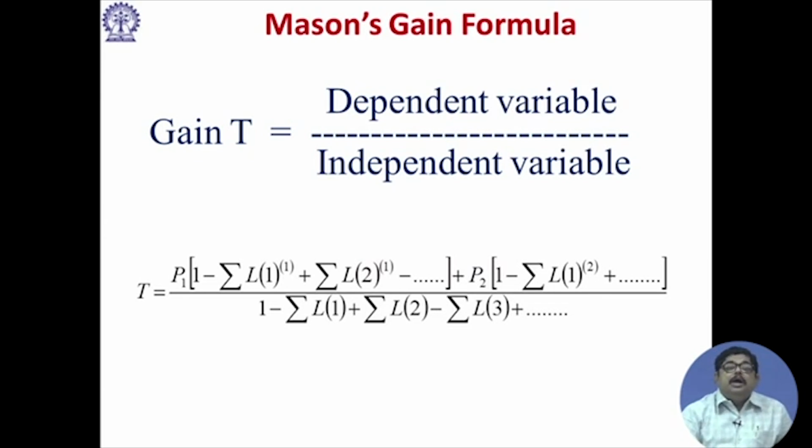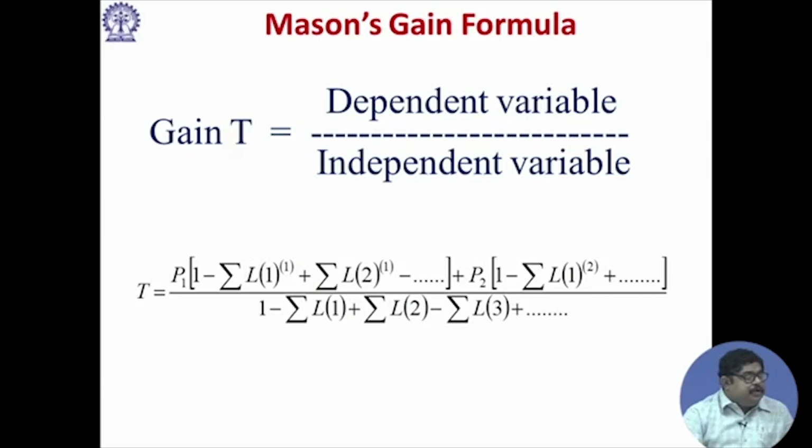I think many of you have used this formula in control theory. In electrical control, this is used. For many types of block diagrams, when we try to find the transfer function, generally this formula is used. It is well known, Mason's formula. Generally, we call that gain, that means some dependent variable by some independent variable.